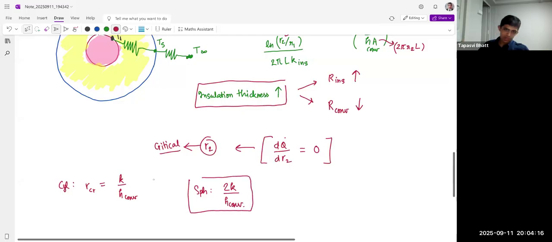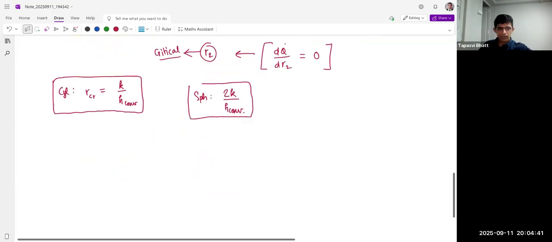How do we get to these? It's there in the book if you want to have a look. Not in your textbook, because your textbook has a limit on how much detail they want to discuss. But the reference book from which I bring out the questions, Incropera, has the exact derivation as far as I remember. Most likely it's there.